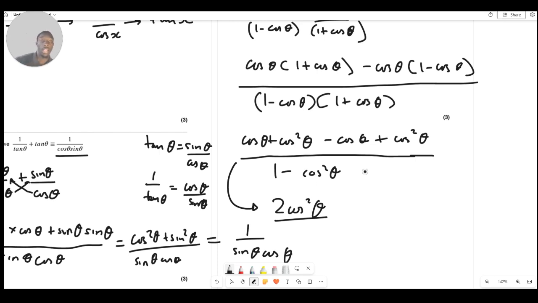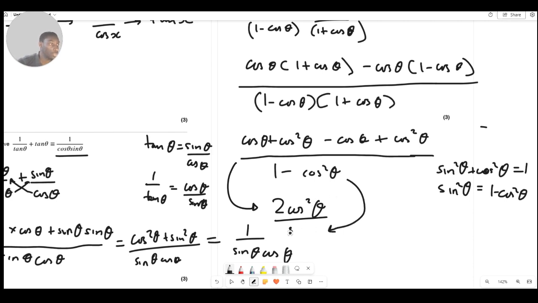So remember we said we can use our identities. If I know sine squared theta plus cos squared theta is equal to 1, I can literally rearrange this, and sine squared theta is equal to 1 minus cos squared theta. So this is going to equal sine squared theta.